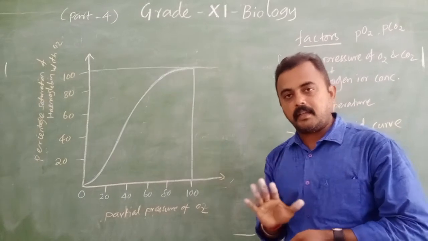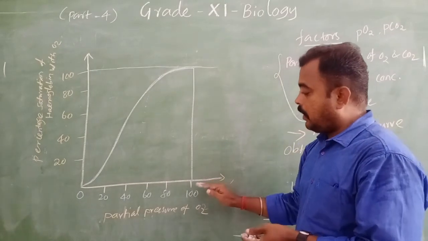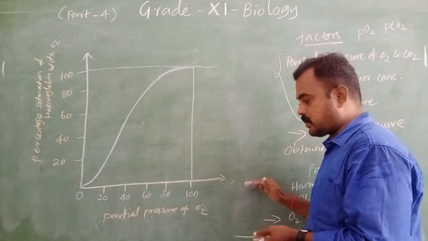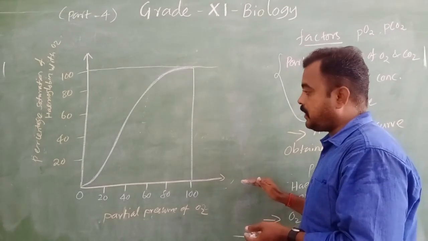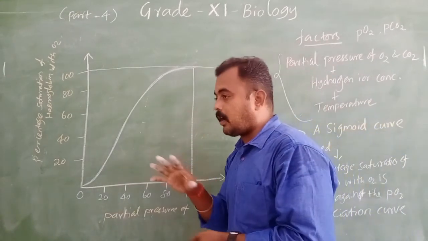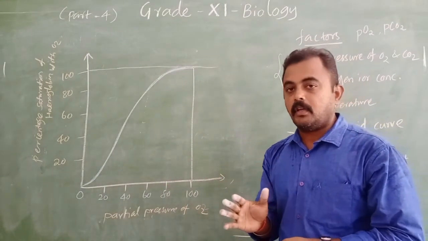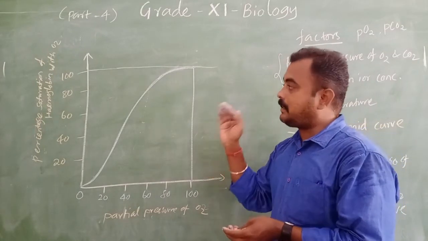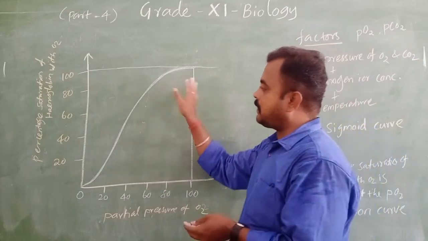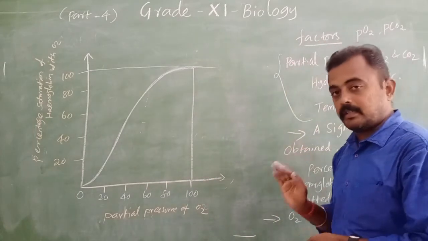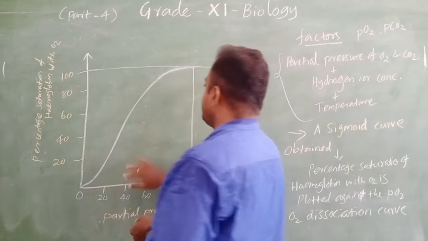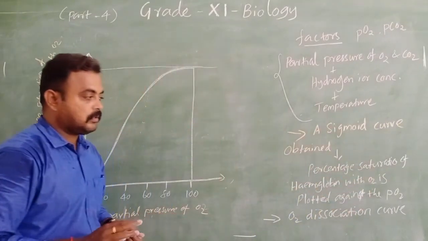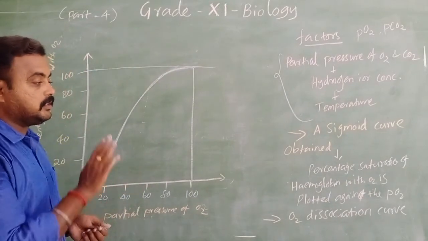Do you understand that? If partial pressure is increased outside, our body does not carry all the oxygen, only a certain amount. So this curve is known as the oxygen dissociation curve.